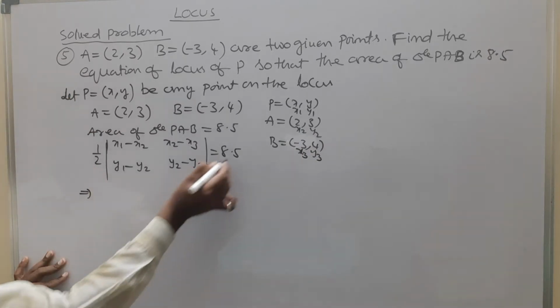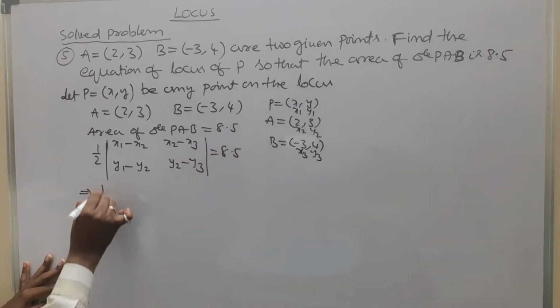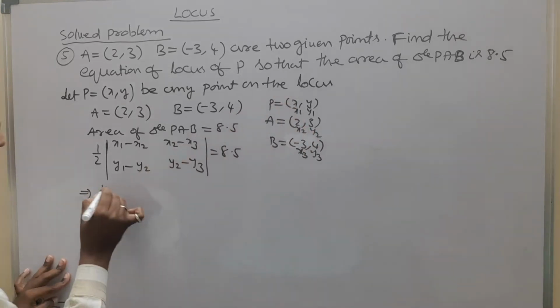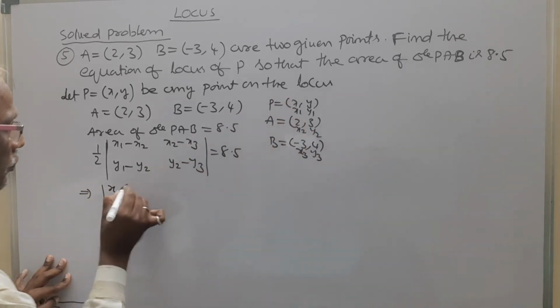Here the 2 is cross multiplied with 8.5. Modulus of x1 value equal to x, x2 is 2.